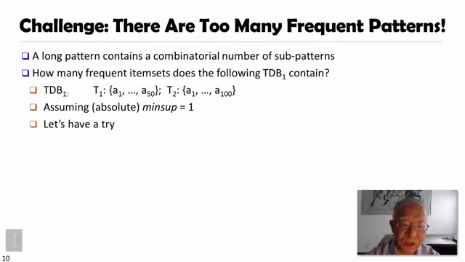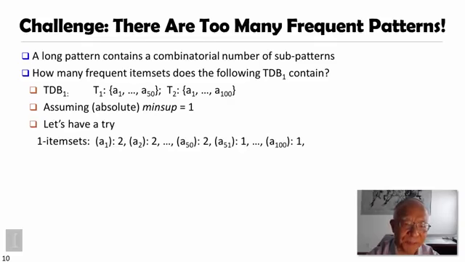Then how many frequent itemsets does it contain? Let's have a try. For frequent one-itemsets, A1 occurs twice, A2 occurs twice, up to A50 occurs twice. Then A51 occurs only once, up to A100 occurs only once.